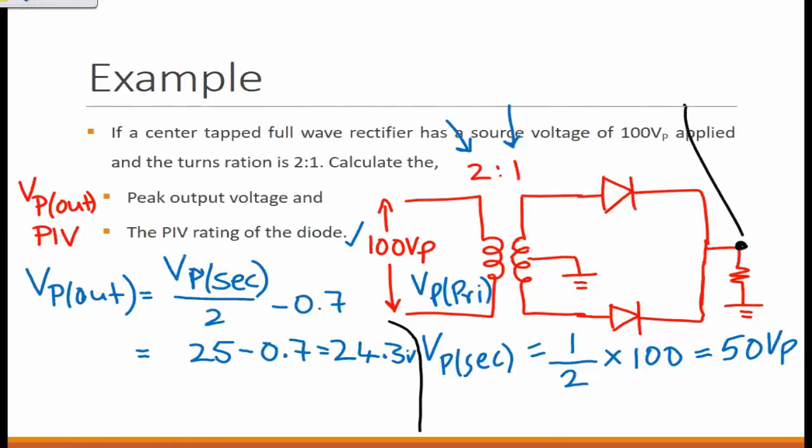So remember, what is the shape of the signal right here? If the problem is asking to go ahead and draw the shape of the signal, remember this is a full wave rectifier. So that's the shape, and what's the voltage?